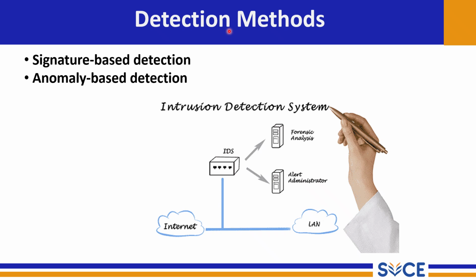Okay, and next, anomaly-based detection establishes a baseline of normal behavior and flags deviations as potential intrusions. It establishes a baseline of normal network or system behavior, and then flags any deviations from this baseline as potential anomalies, which could indicate an intrusion.